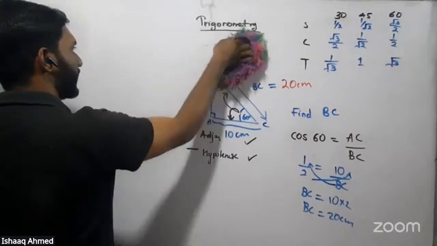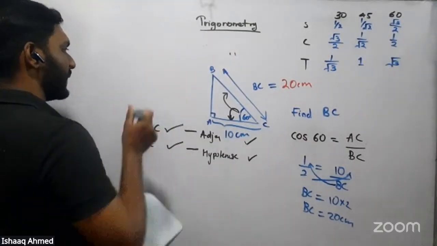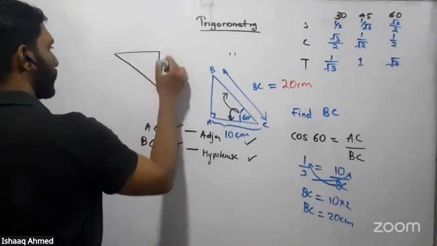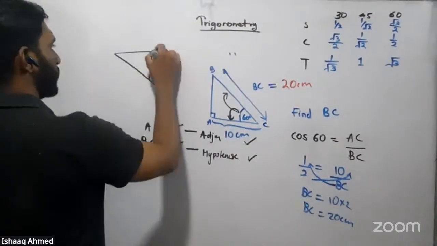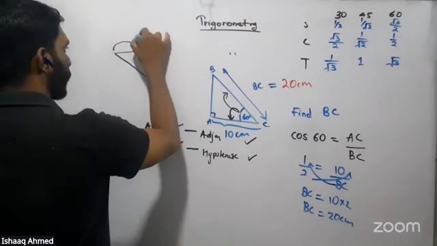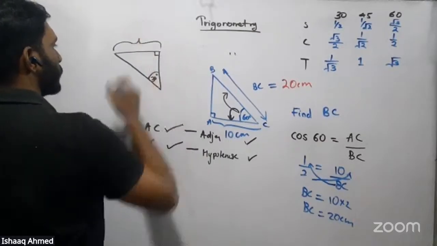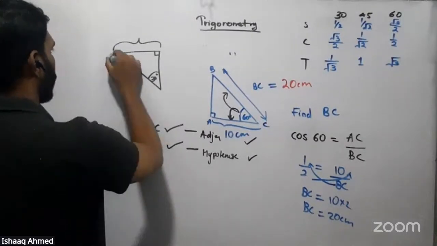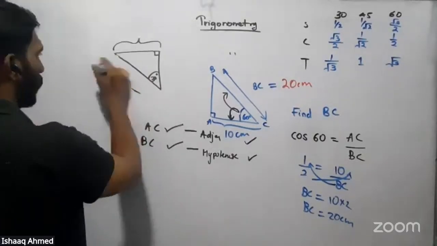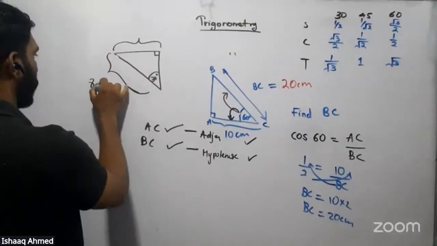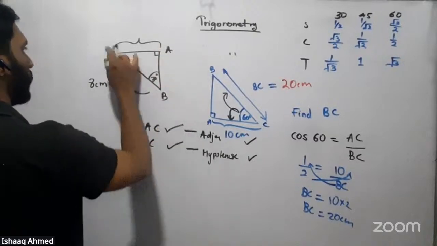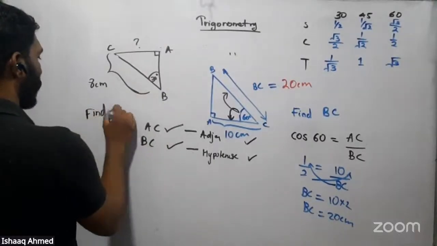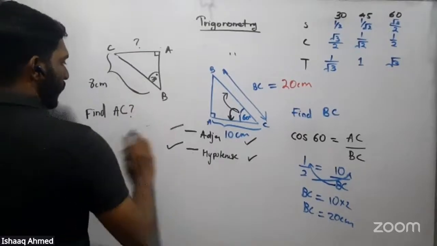I'll give another example quickly. Take another triangle, another right angle triangle. Quickly do.